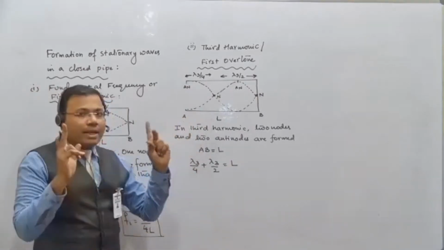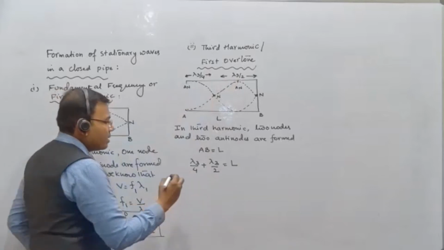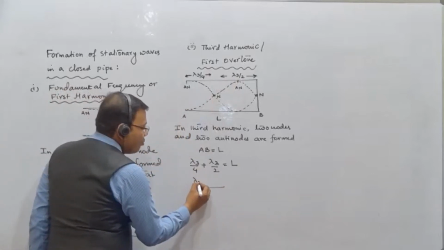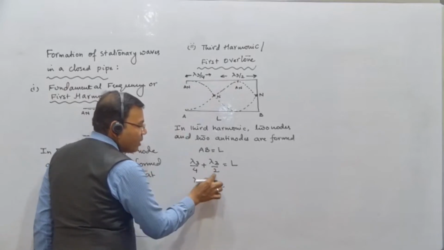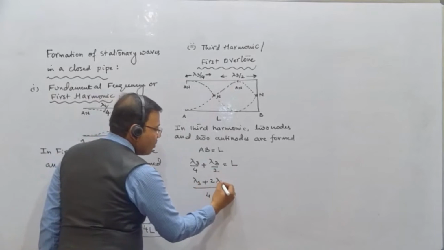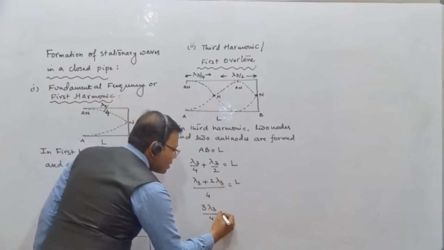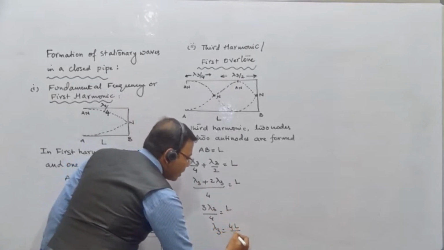I am expressing the length of the tube in terms of the wavelength. Now just take the LCM. LCM is 4. So here it is lambda 3, and for the other term, 4 divided by 2 gives 2. So lambda 3 plus 2 lambda 3, that is 3 lambda 3 by 4, is equal to L. So lambda 3 is 4L by 3.